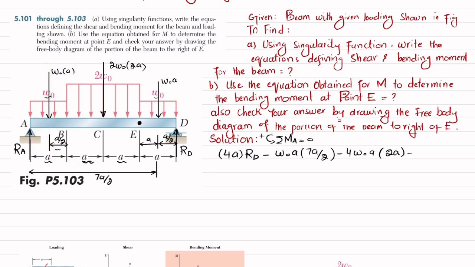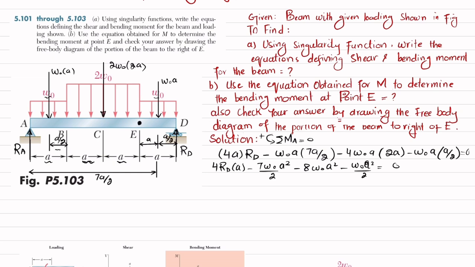So I will write minus W naught A divided by 2, equal to 0. So we will get 4RD multiplied by A minus 7W naught A square over 2 minus 8W naught A square, minus W naught A square over 2 is equal to 0.